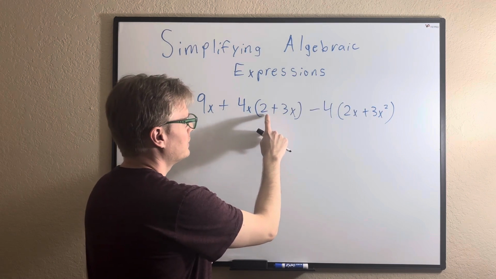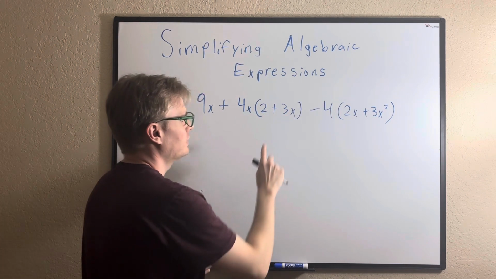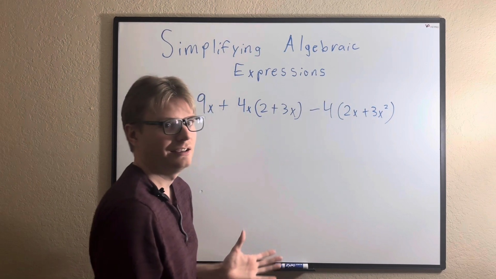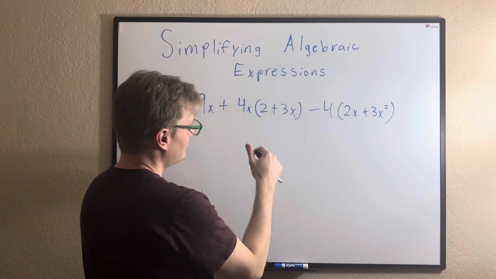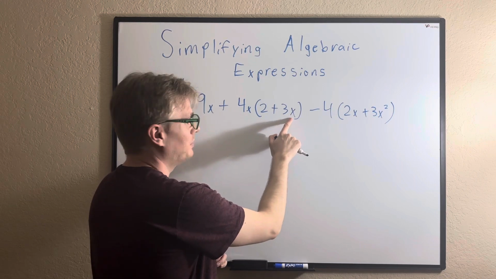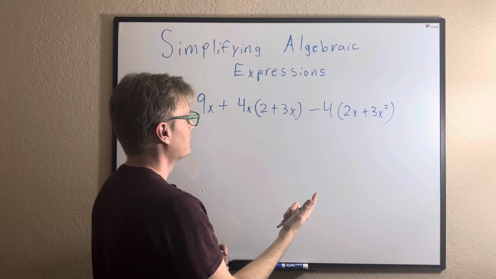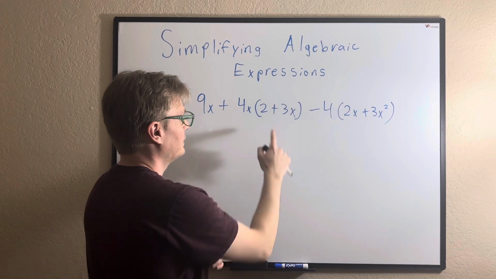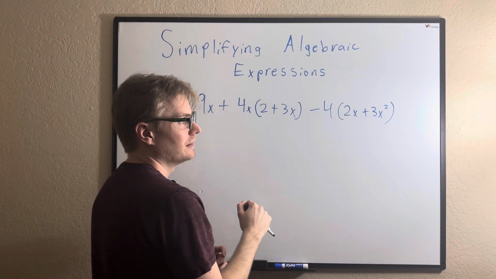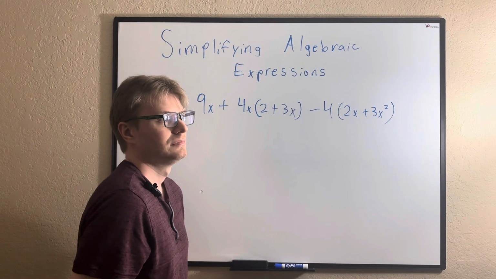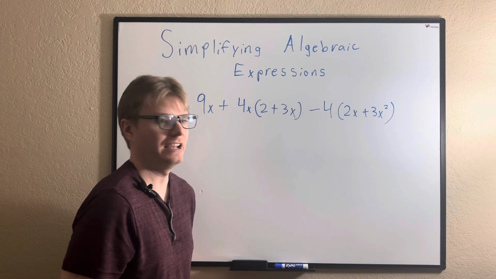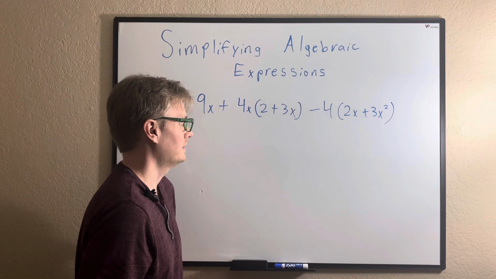The 2 does not share the x with the 3, so you can't just add 2 plus 3 and get 5x. No, because the 3 is being multiplied by a variable number and the 2 isn't. So it's a complete mismatch, if you know what I mean.